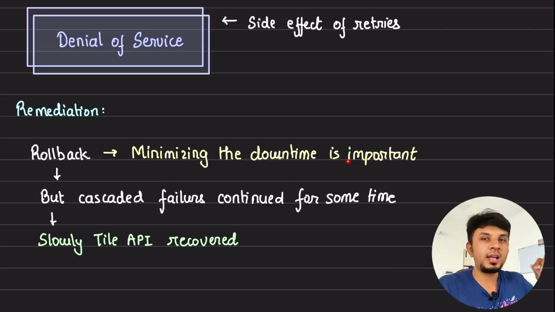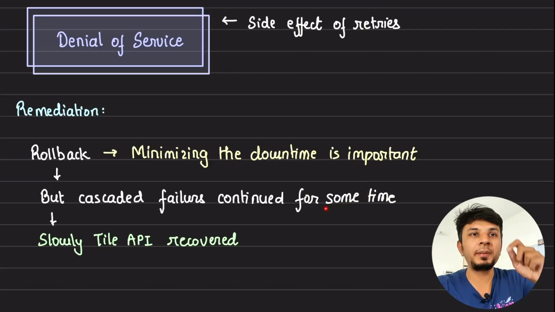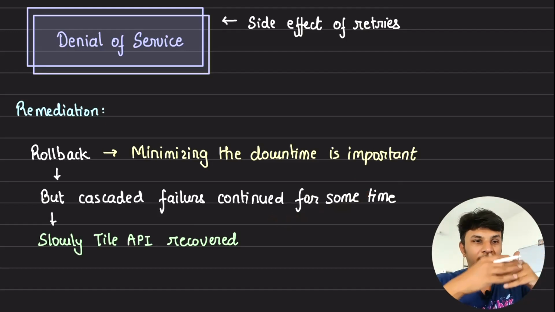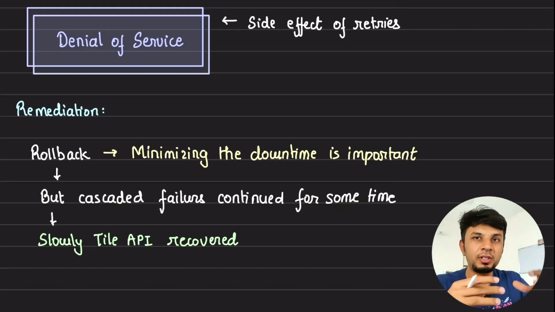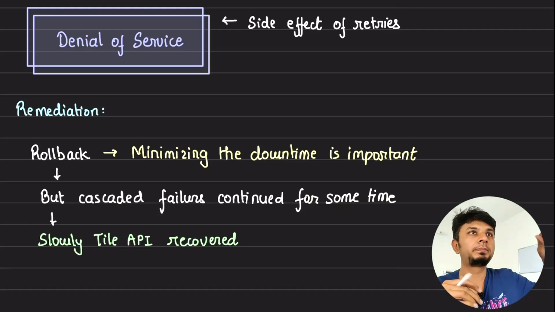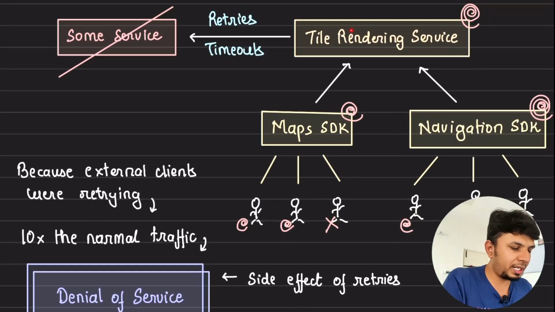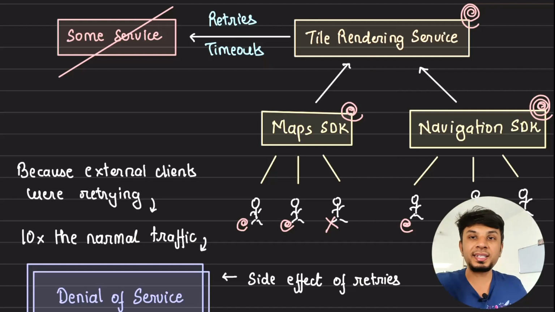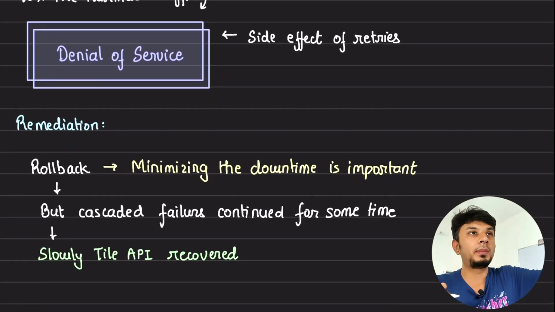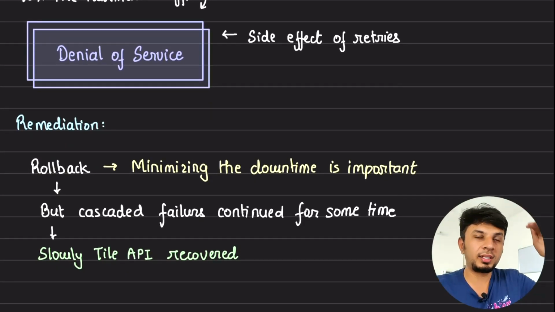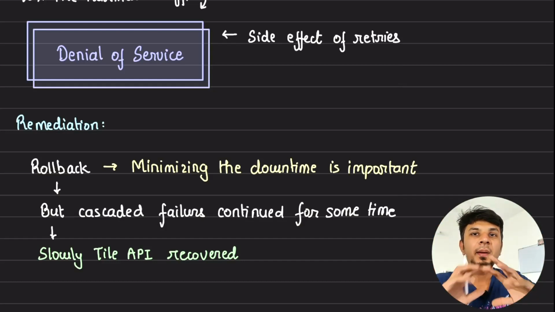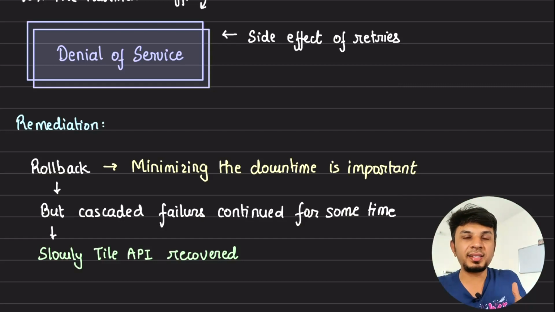But during the time the rollback was happening, the synchronous communication between other services was still showing the cascaded error. The main service got down, it got recovered, but because of the cascading failures, it took some time for other services to recover.